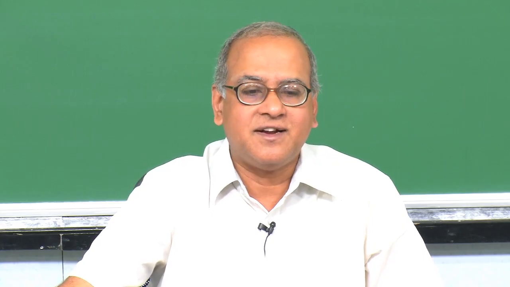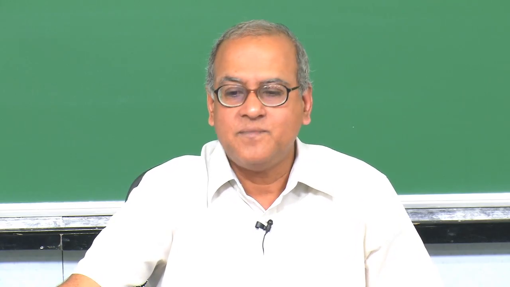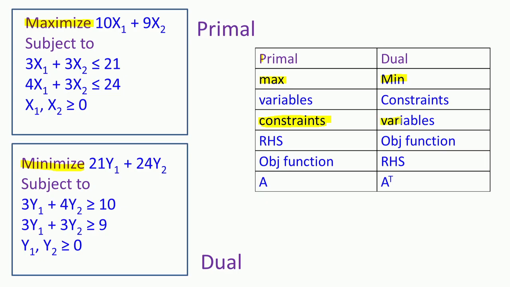Because we had two constraints here, we introduced two variables y1 and y2 for the dual. Therefore the number of constraints in the primal decides the number of variables in the dual.